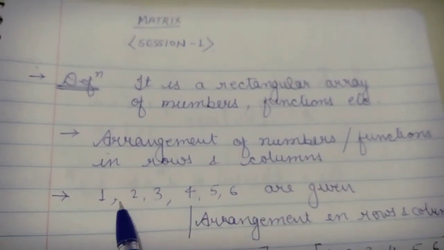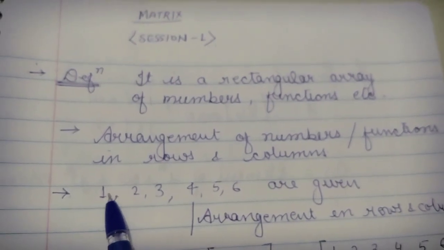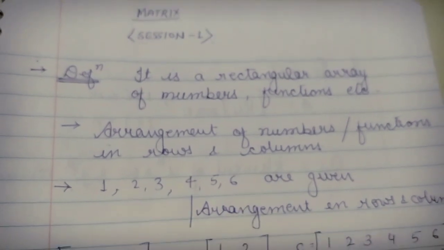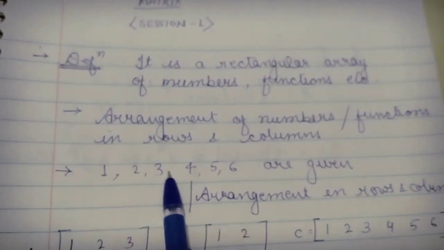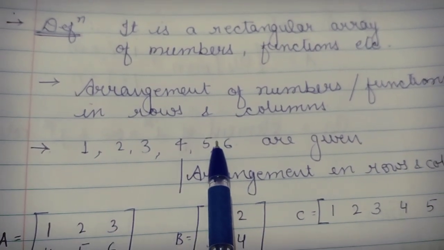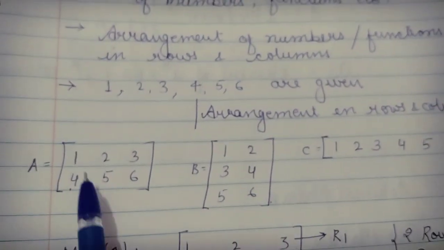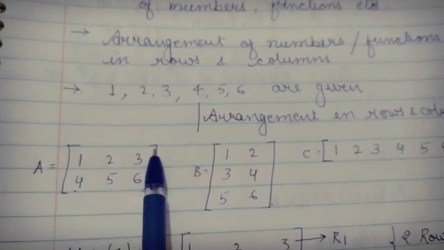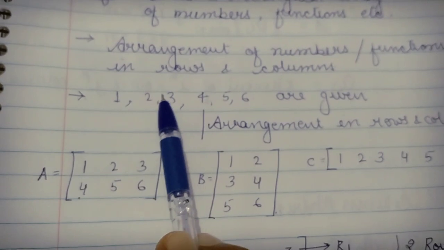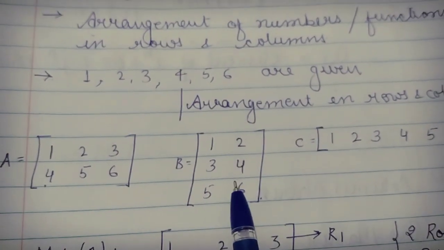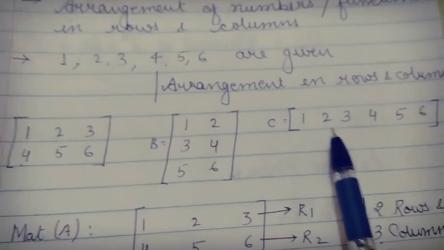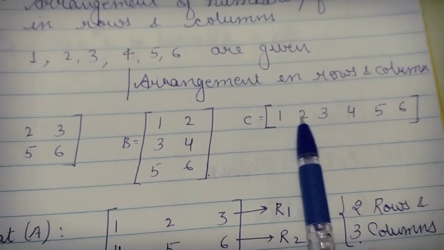Suppose we are given 6 digits 1, 2, 3, 4, 5 and 6, and suppose we have to arrange these digits in the form of rows and columns. Then we can arrange these numbers in this format, or in this one, or in this one.